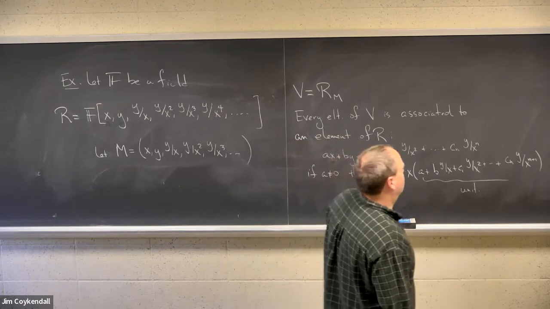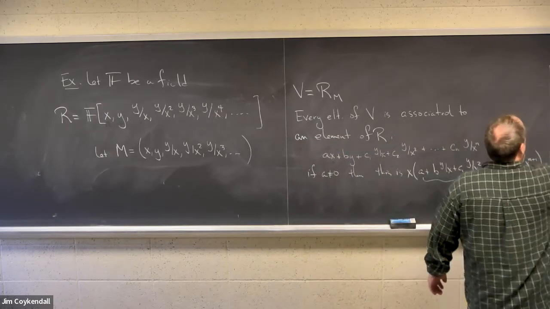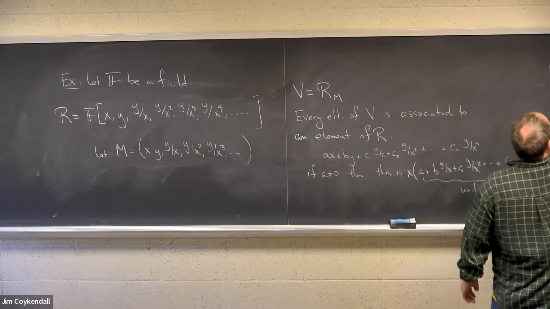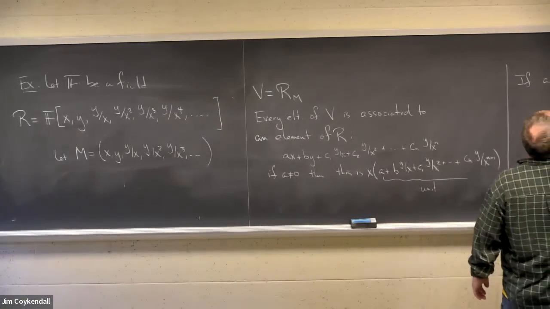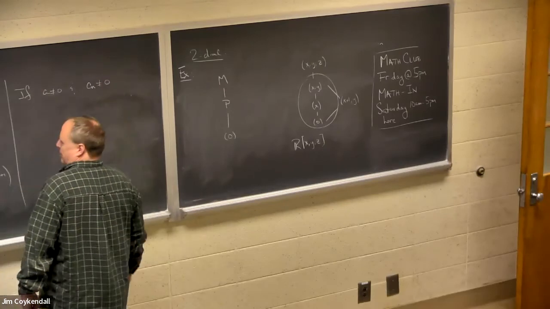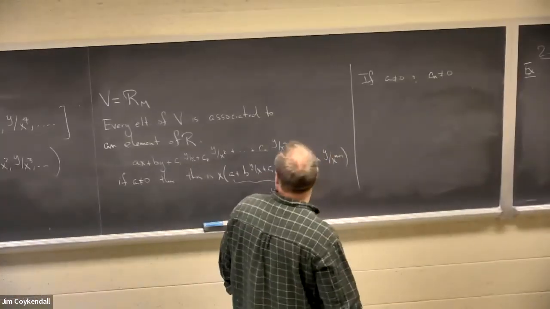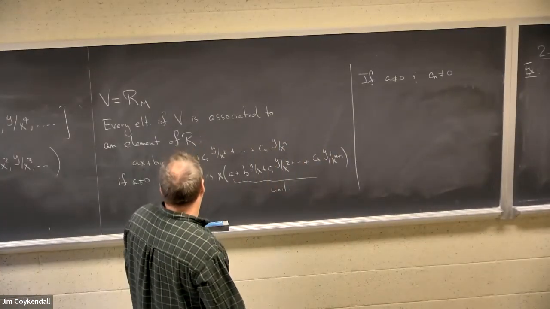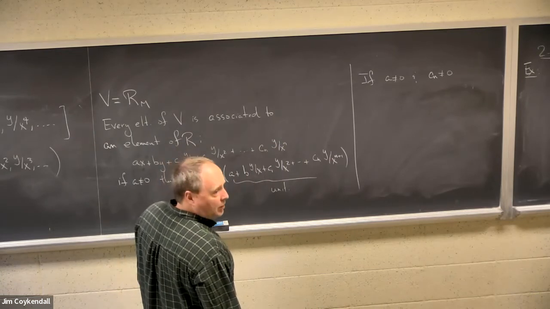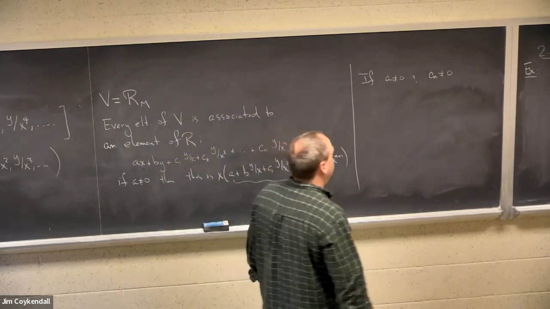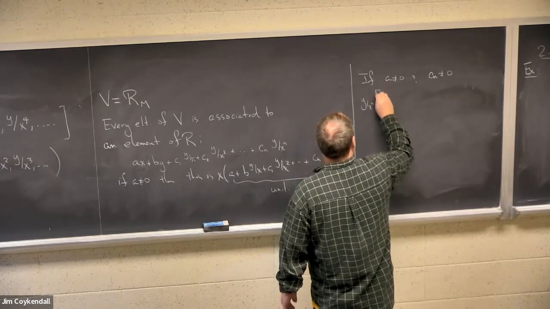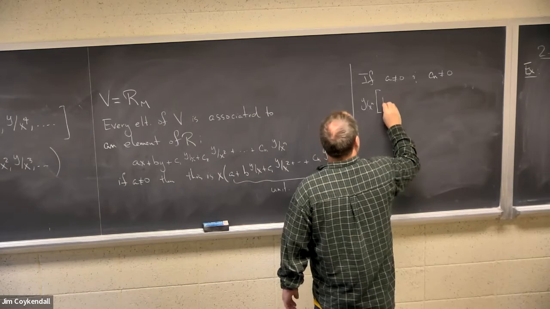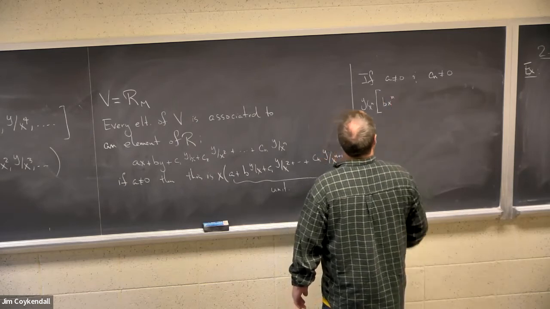If a is 0, and I'm going to bring this all together, if a equals 0 and Cn is not 0, notice that I can pull the y over x to the n out of this.